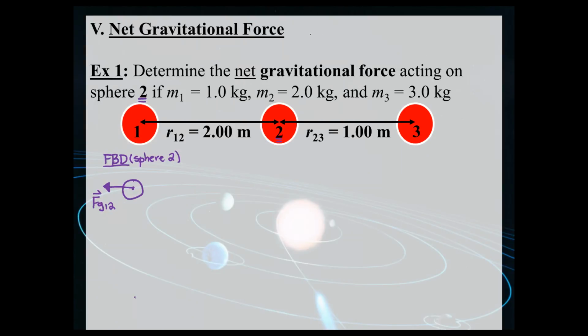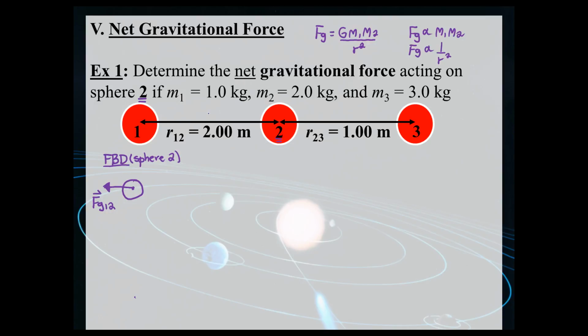Well, universal gravitation tells me that Fg is G m1 m2 over r squared. There's a couple of important things here. Fg is directly proportional to the product of the masses, and it is inversely proportional to the distance between the objects squared.